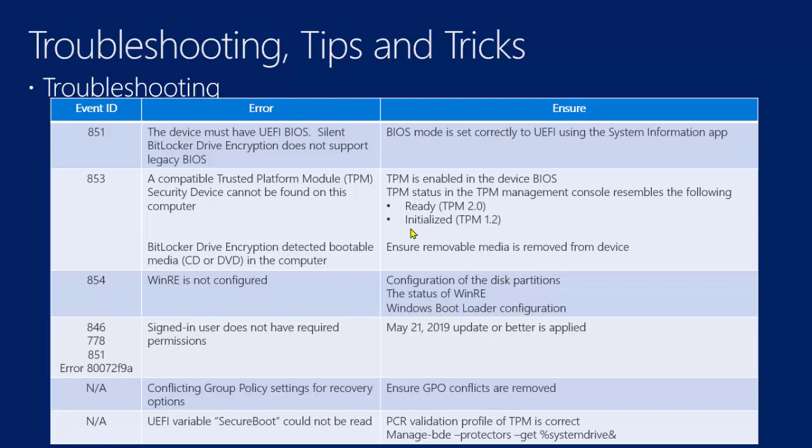Here's a table of common Bitlocker events in that event log and what they mean. There are also some messages that you can sometimes get that are not necessarily event related, and what they mean. This may not be the end-all be-all for troubleshooting, but it's certainly useful as you're looking at those event logs to understand what these options are, what they mean, and how to work with them.